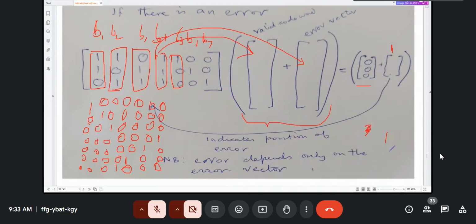BCH and also Reed Solomon codes are almost built on the same finite field theory. Reed Solomons are used especially in CDs.